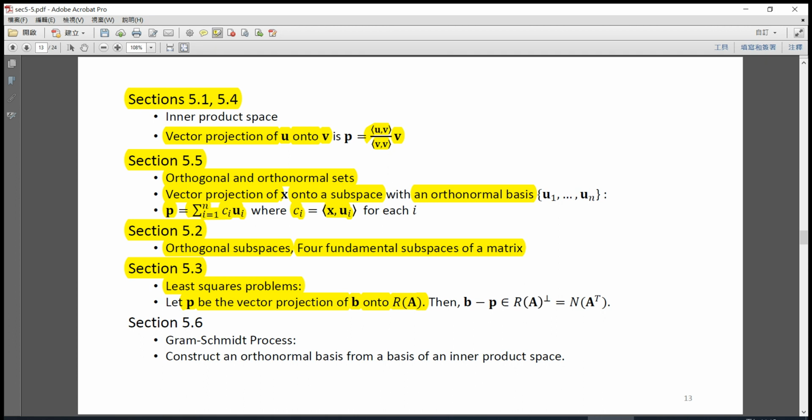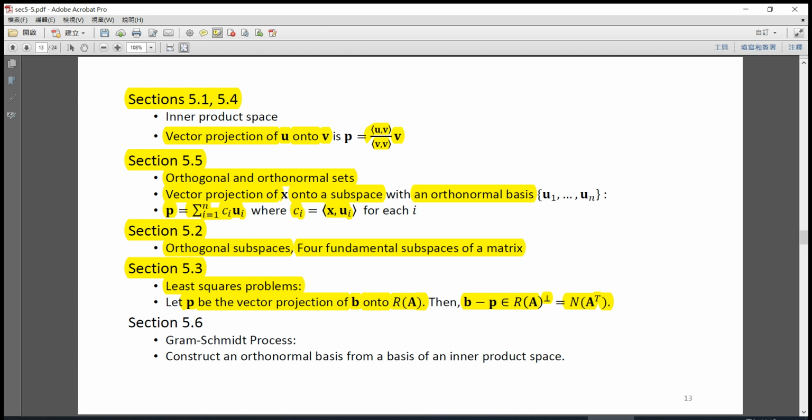Then we have b minus P belongs to the perp of the column space of A. Then by the fundamental subspaces theorem, we know the perp of R(A) equals the null space of A transpose. And from this relation, we can derive the normal equations.